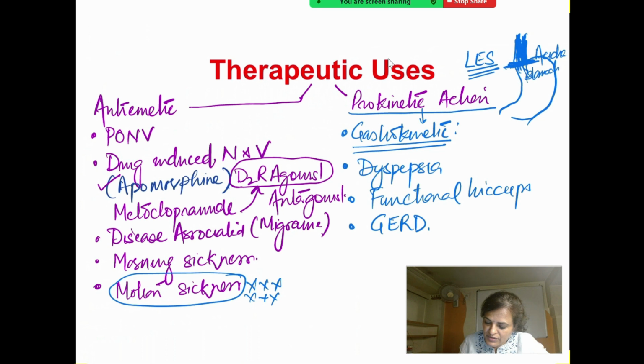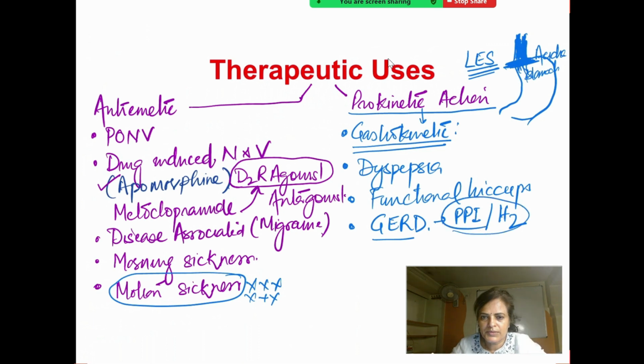So the main drugs which should be used for GERD are proton pump inhibitors like omeprazole, lansoprazole or rabeprazole, or H2 blockers like famotidine, ranitidine. And this group of drugs can be co-prescribed with the PPI and H2 receptor blocker.